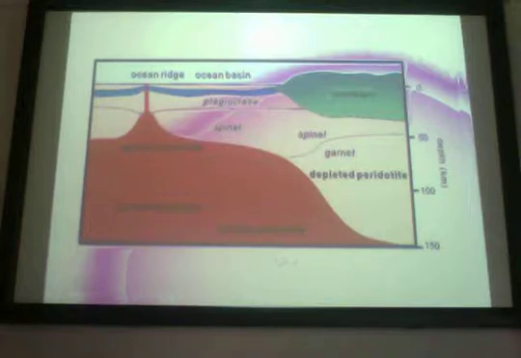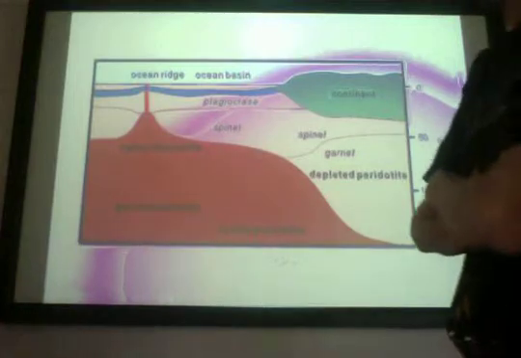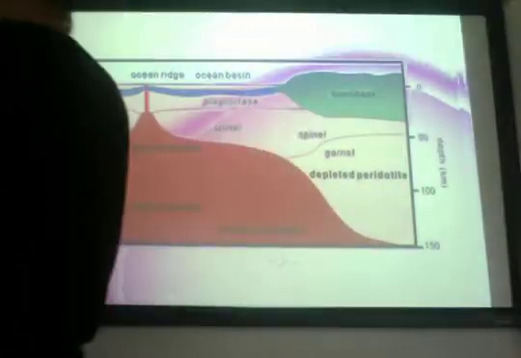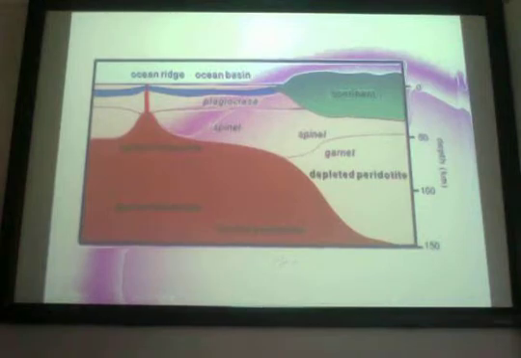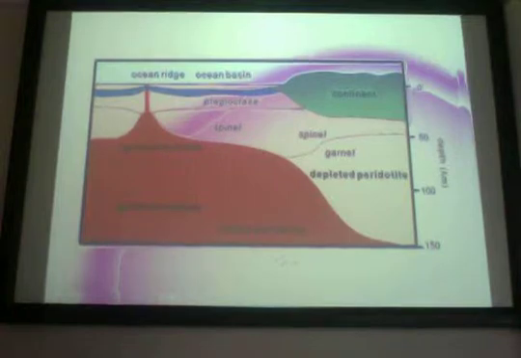peridotites. So the depleted peridotites, these are peridotites which contain much less incompatible elements compared to the fertile lherzolite. And you know by now as well what incompatible elements are. These are, for example, the potassium group elements.